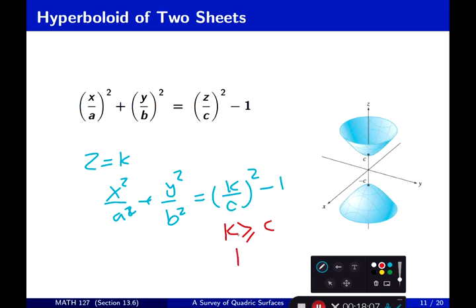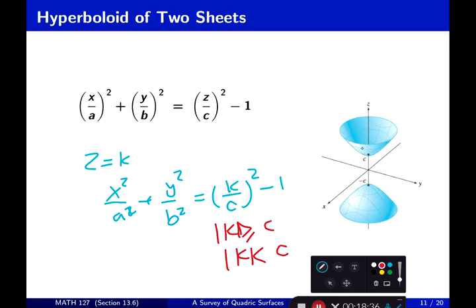But if the absolute value of k is less than the absolute value of c, and we're considering c positive, so not to worry about that, then you don't get any values for x and y.